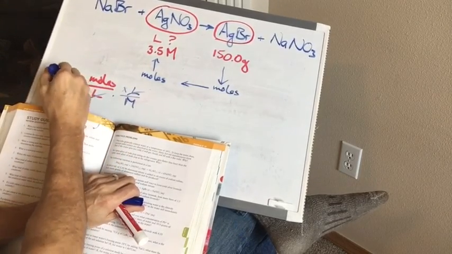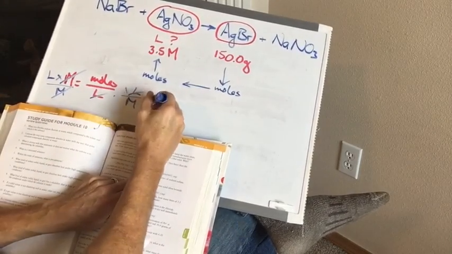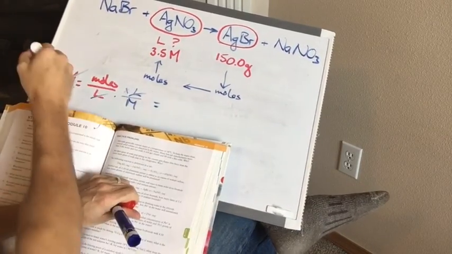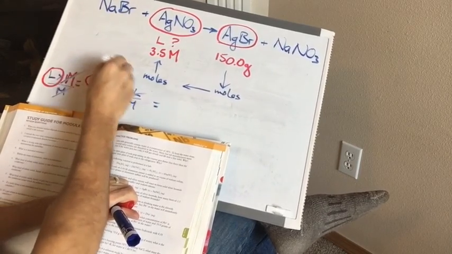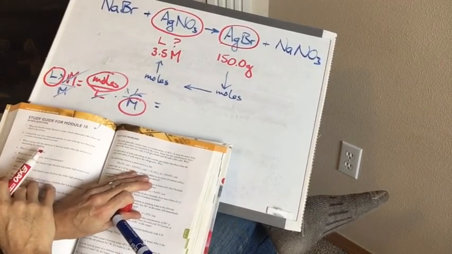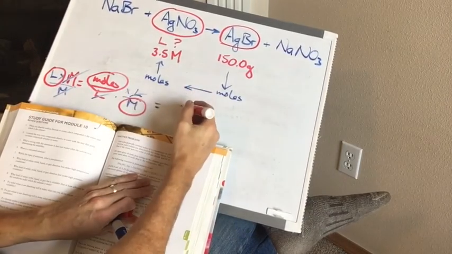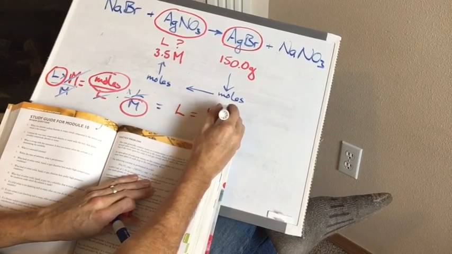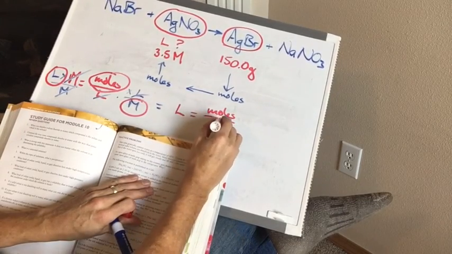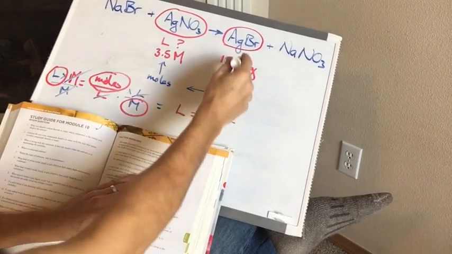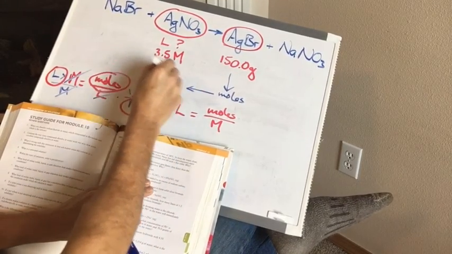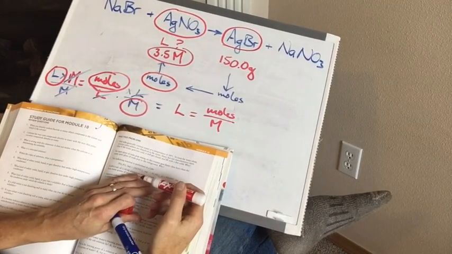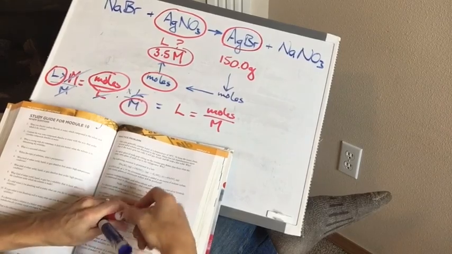That takes the molars off of the left side. So essentially we have an equation with liters on one side, moles and molars on the other side: liters equals moles over molars. Once we figure out moles, we will have moles and we will have molars, so we can solve for liters and get to the end of the question.